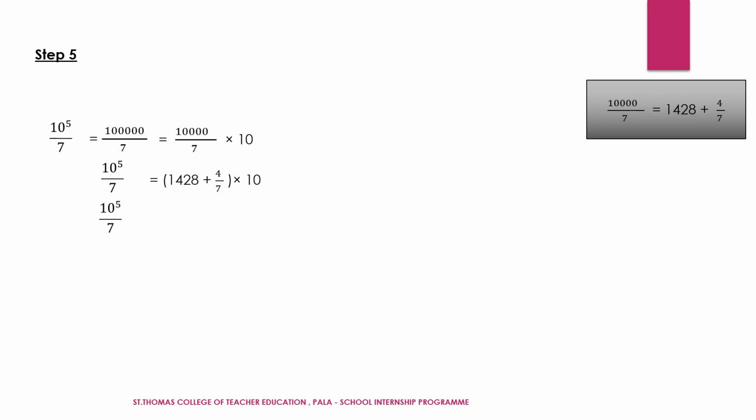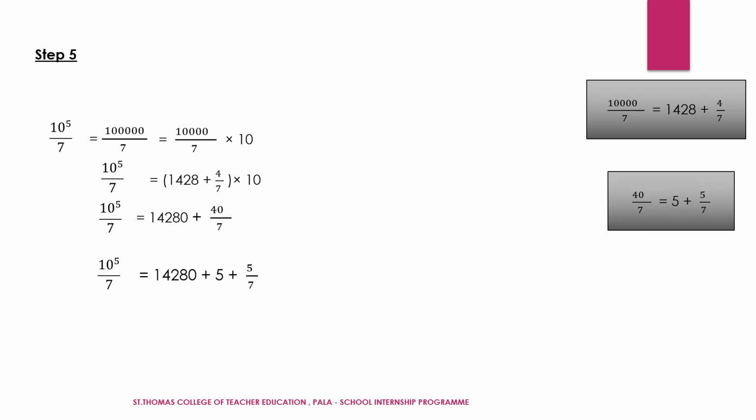So, we can apply distributive property and write it as 14,280 plus 40 by 7. Again, we are concentrating on 40 by 7 and writing it as 14,280 plus 5 plus 5 by 7. On dividing 40 by 7, we get 5 plus 5 by 7.